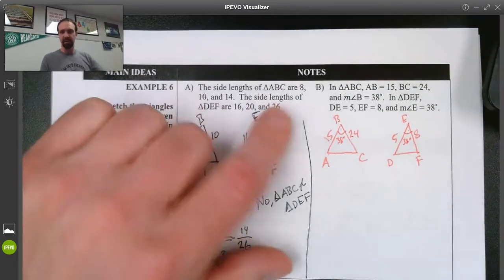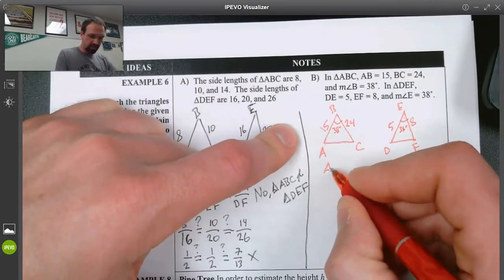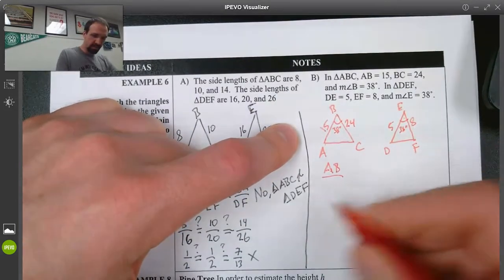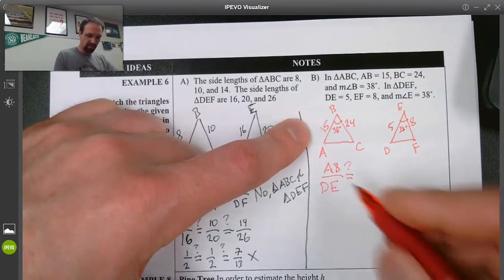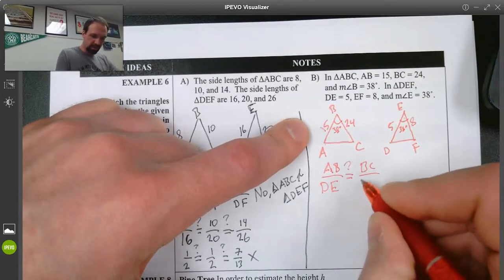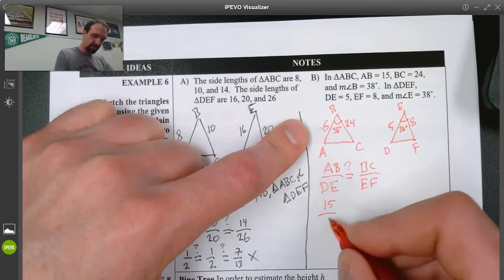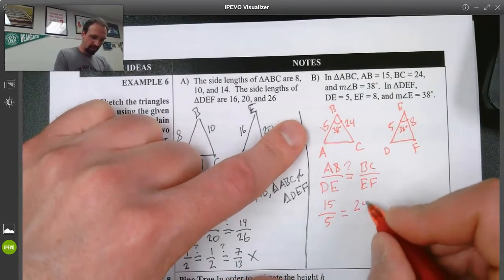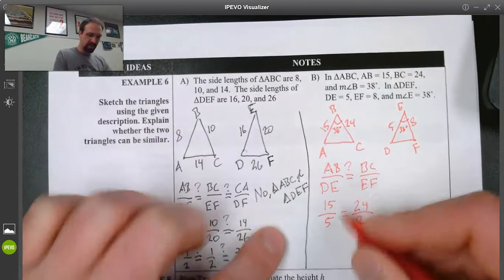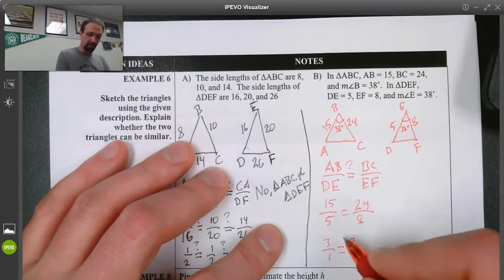All right, so let's check to see if these are proportional. So that's going to be AB over DE, seeing if that one is proportional to BC over EF. AB is 15 over DE is 5, and then BC is 24, EF is 8. So that's 3 over 1, and also 3 over 1.